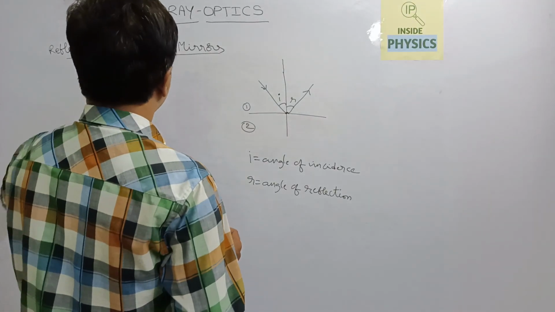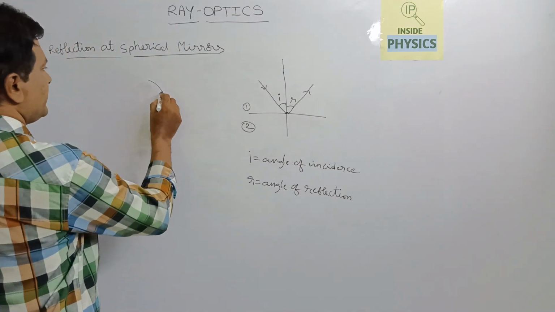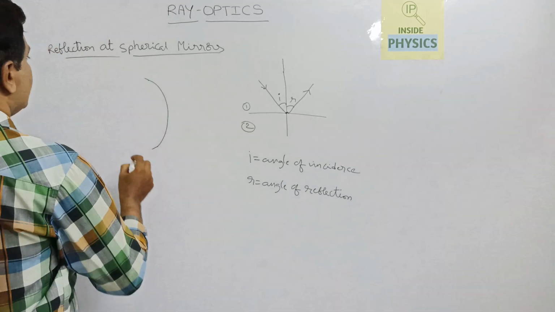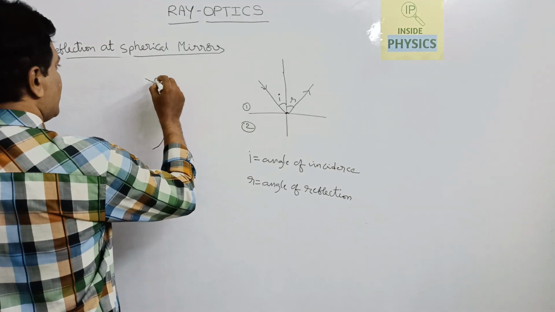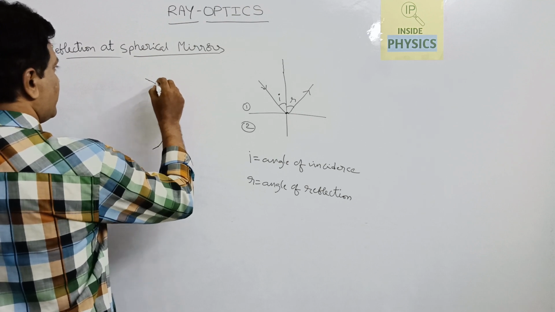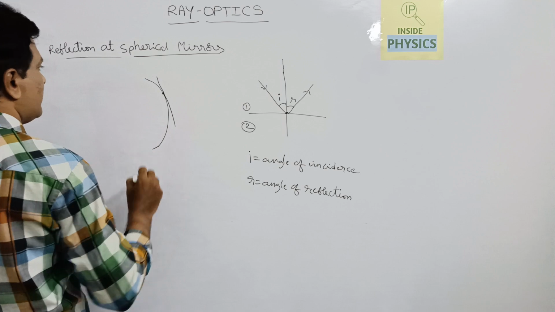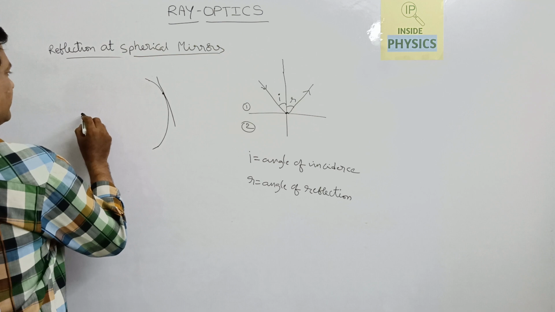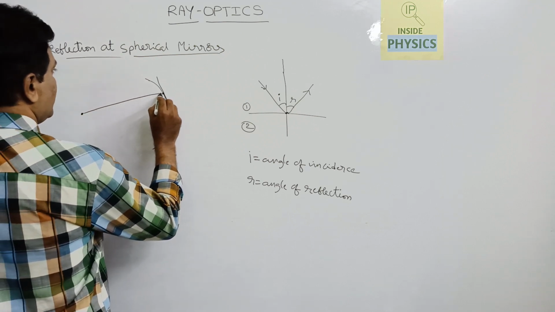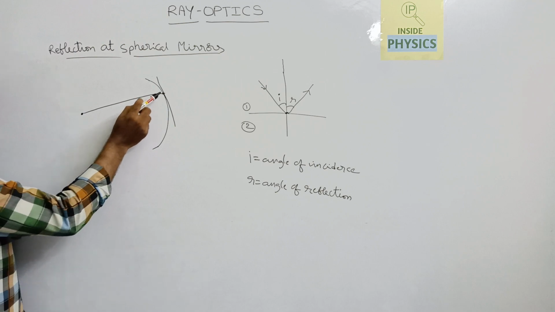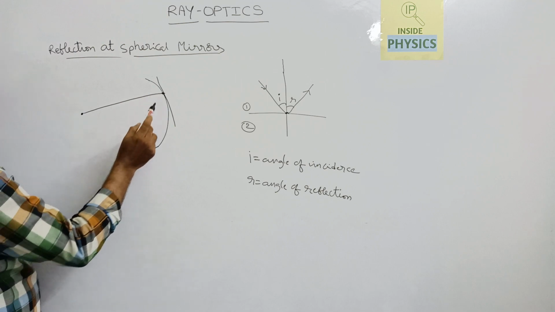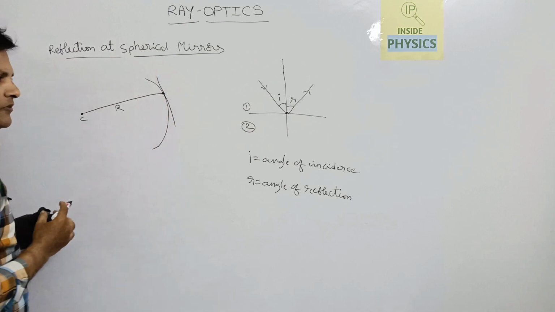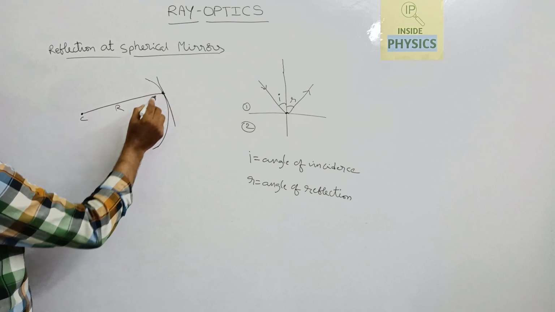If it is a spherical surface, suppose a spherical mirror, see the tangent drawn here. If you take any point on the mirror and draw a tangent to the mirror, the line connecting the center of curvature to the point of incidence, the radius of curvature, is perpendicular to the tangent drawn at the point of incidence.